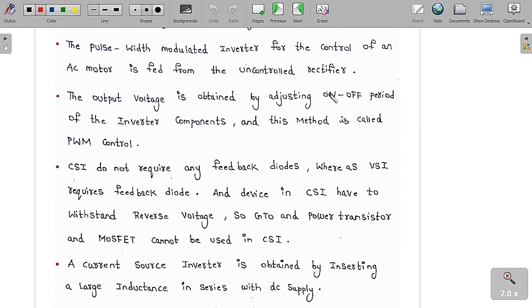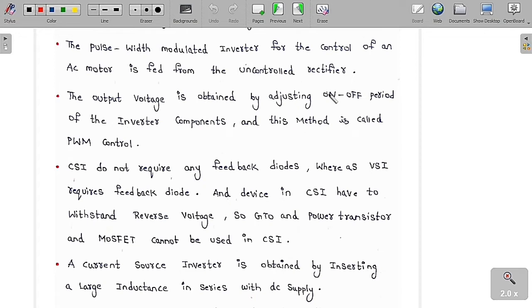So suppose you want to control the speed of an AC motor, the pulse width modulated inverter is fed from the uncontrolled rectifier. So we use an uncontrolled rectifier here. With the help of this uncontrolled rectifier, we convert the AC into DC.